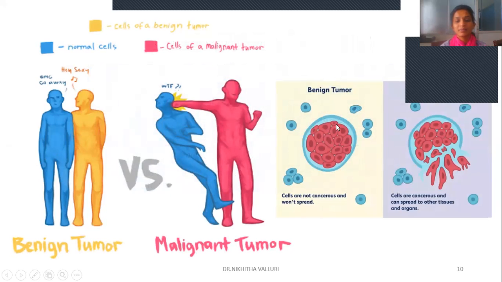These were the normal cells, and a benign tumor does not cause any damage to them. When coming to malignant cells, they will come out of the tumor and spread to different tissues, the surrounding tissues. This is the difference between benign and malignant.